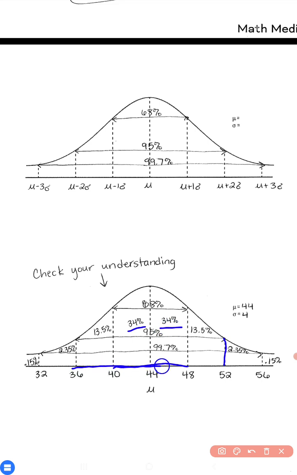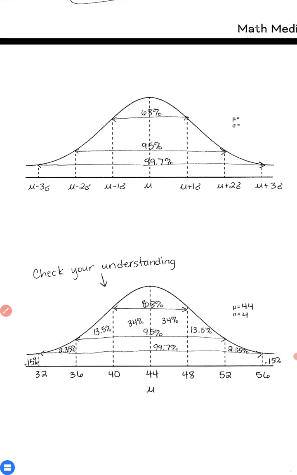If I knew that this line right here was 95%, that means 13.5% of people fell here, 13.5% of people fell here, and so on. So if I knew that this line right here was 99.7, 2.35% of people had to fall here, 2.35 had to fall here, and then I have 0.15 left on each side.